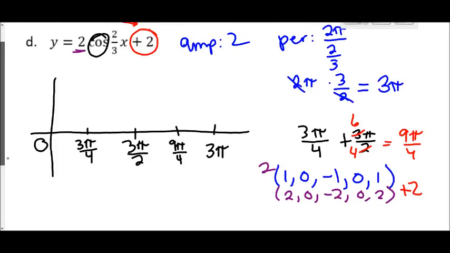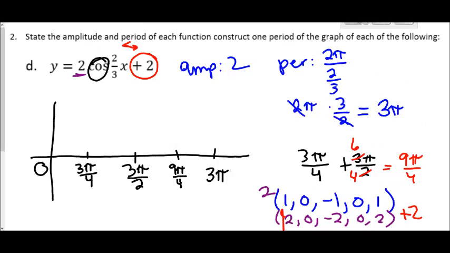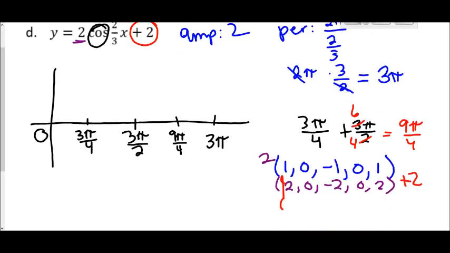So when we add 2 to that pattern, we will get 4, 2, 0, 2, and 4. Once we add 2, we have done our amplitude and our vertical shift, and we've accommodated for the period. There is no phase shift.